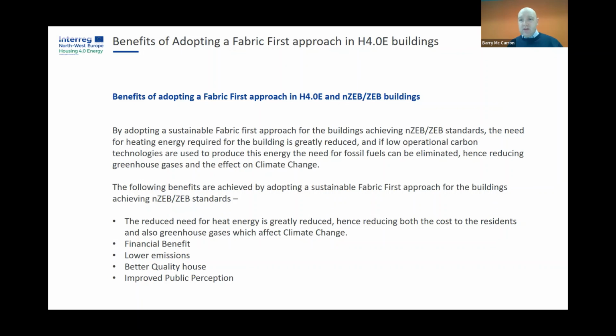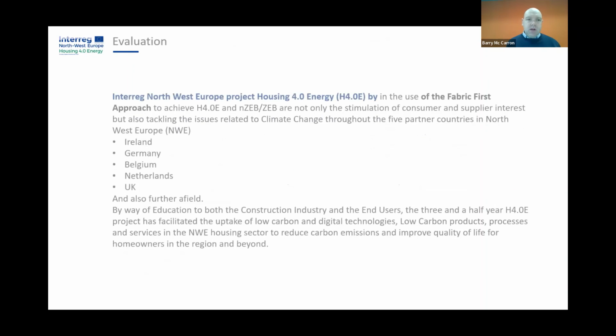We can always do these things as bolt-on measures later. And remember as well, all these technologies are improving all the time, and their price point will hopefully come down as the technologies mature. So if budget was an issue, I think putting money into your fabric first is a really good approach to getting a good building.